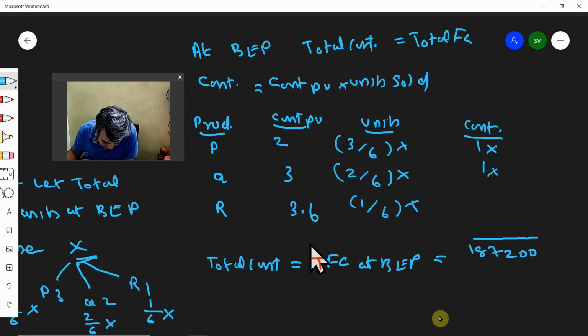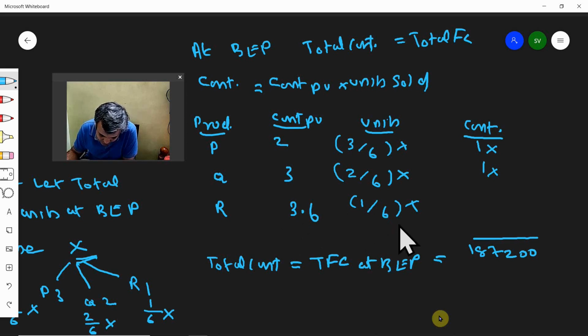Next, 3.6 into 1 by 6x, which is 3.6 by 6x.